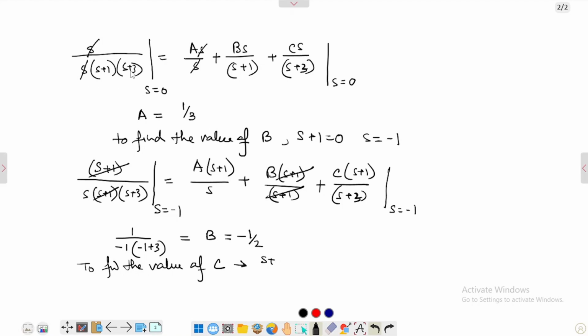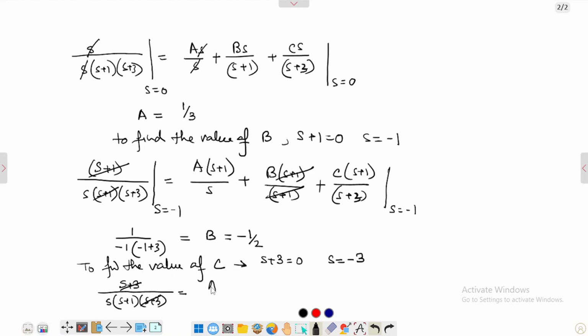So s plus 2 equal to 0, so s equals minus 2, and I will plug this value in. Again, I multiply both sides by s plus 2, and that s plus 2 and s plus 2 go away.